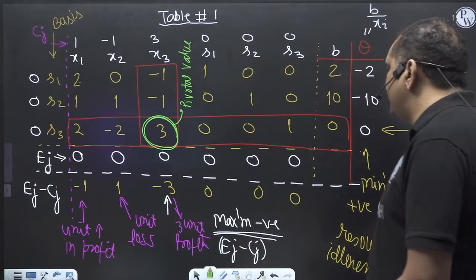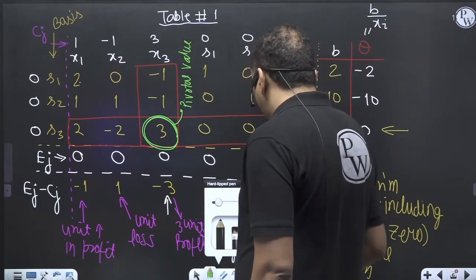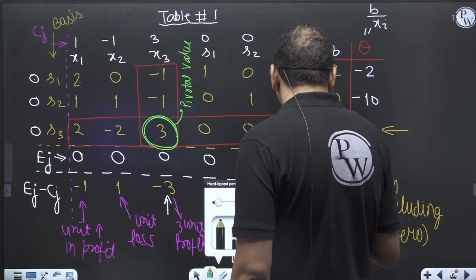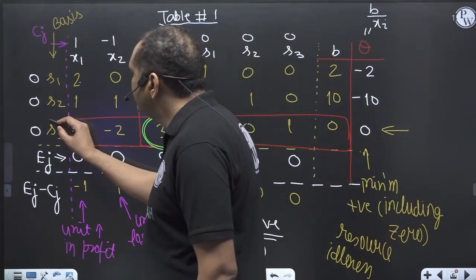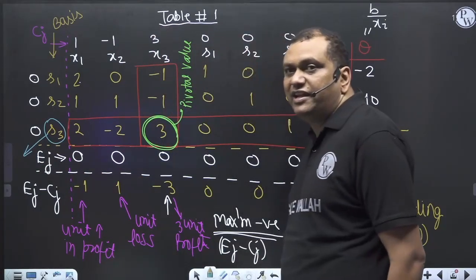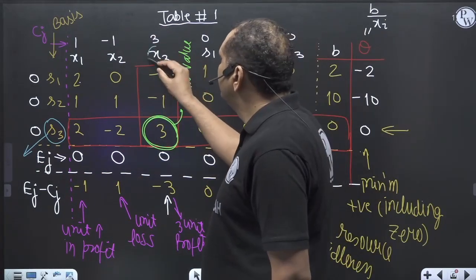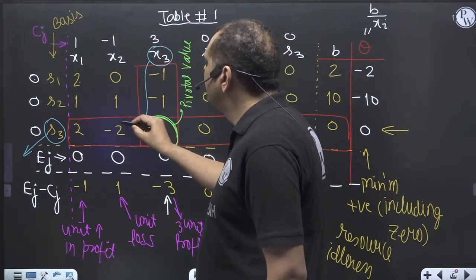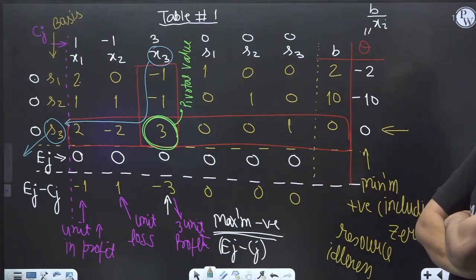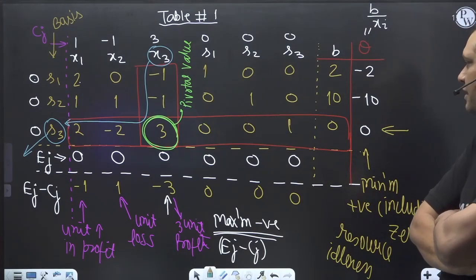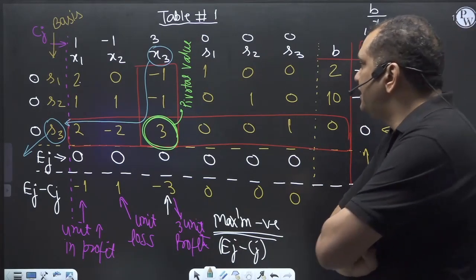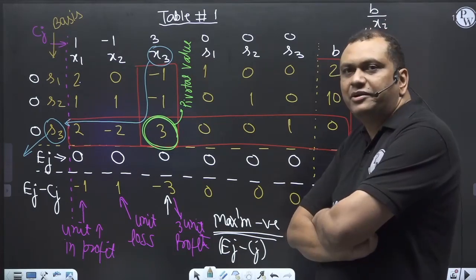So what is my decision here? My decision is S3 will leave the basis and in place of that X3 will enter into the basis.